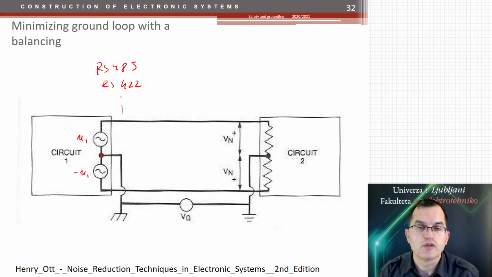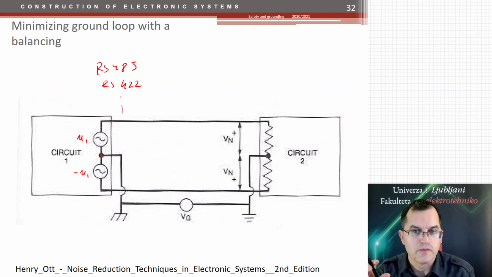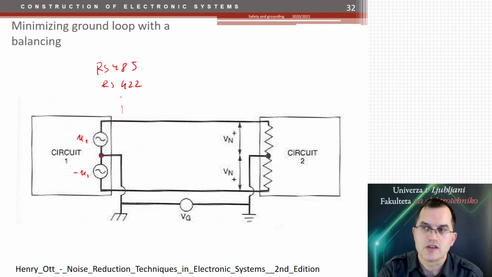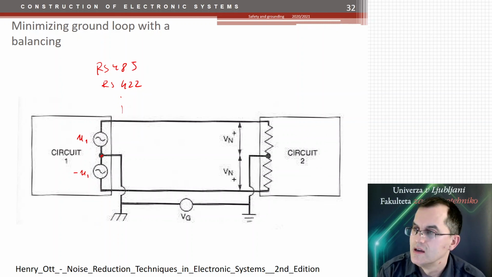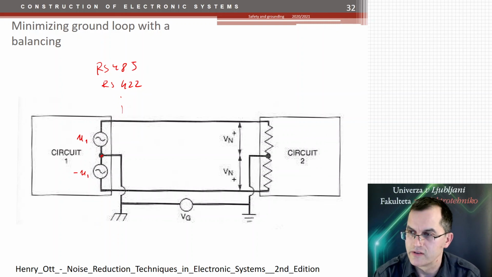So the output is not referenced to the ground, but the output has a differential value, and only the differential voltage is the one that carries information. And also in the case of studio microphones, we have balanced outputs that are not dependent on ground, and these are the most prone to any noise interference due to the grounding.